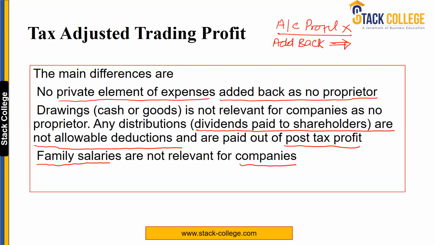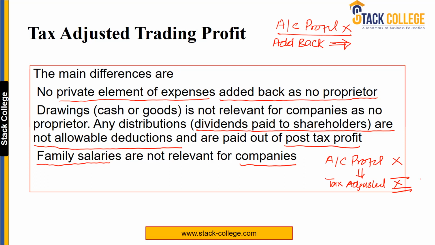So in order to identify the tax adjusted trading profit of a company, the process remains the same. We take accounting profit and adjust through all the allowed, disallowed or deductible expenses, and calculate the tax adjusted trading profit of the company.